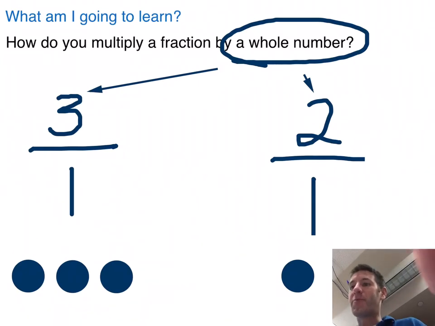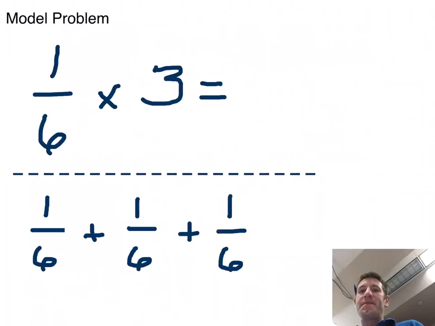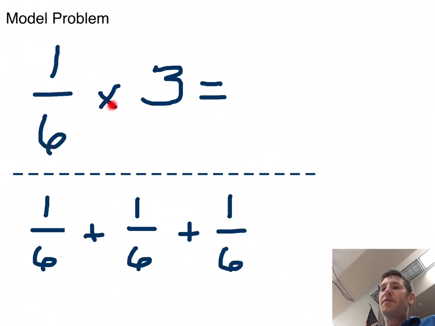So let's move on to the model problem. This is the problem that I'll solve for you, and you'll complete on your organizer as well. It will be 1/6 multiplied by 3. That's where I have my fraction multiplied by a whole number, which is 3.